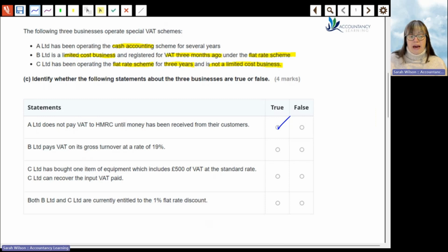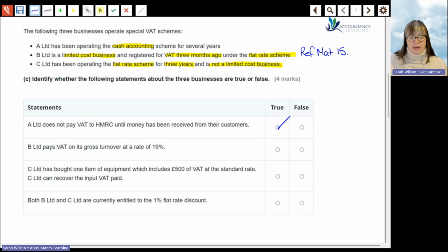B Limited pays VAT on its gross turnover at a rate of 19%. So B Limited, we're told, is a limited cost business and it registered for VAT 3 months ago under the flat rate scheme. So for the rest of this question, we can use our reference material from section 15.